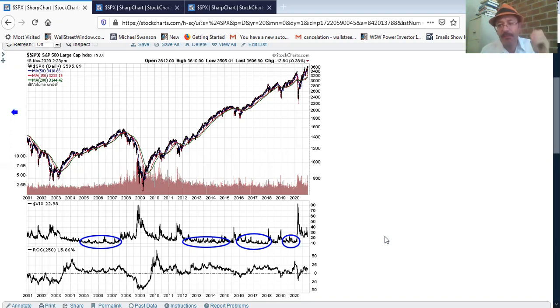It measures the premium that options traders are paying for volatility. When you buy an option, you're paying a premium for volatility and time out in the future. When does the option expire? And those values can change. Time drops in value as you get closer to that endpoint, but volatility can move up and down.